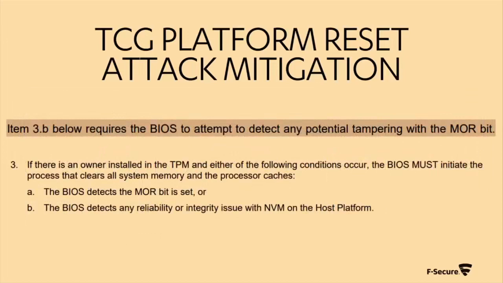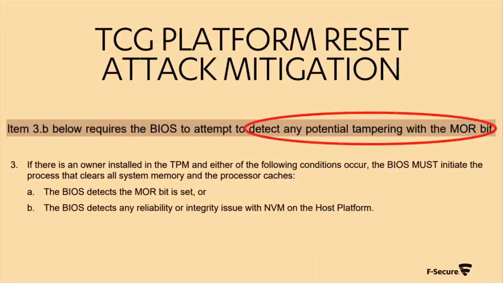So reading through the specification, we found these lovely sentences. If we look at the first sentence, which is informational, you can see that it requires the BIOS to attempt to detect any potential tampering with the MOR bit. That would be awesome.